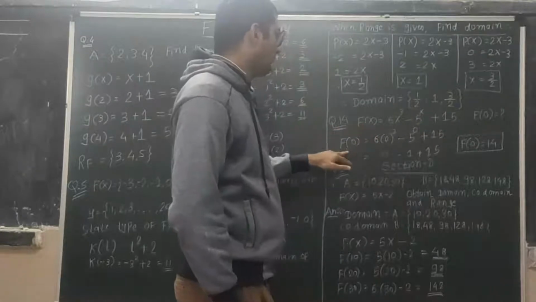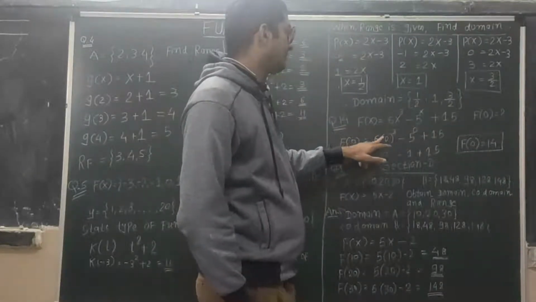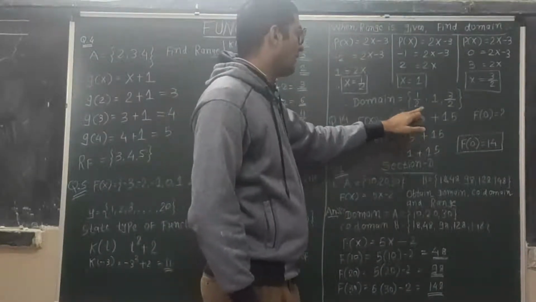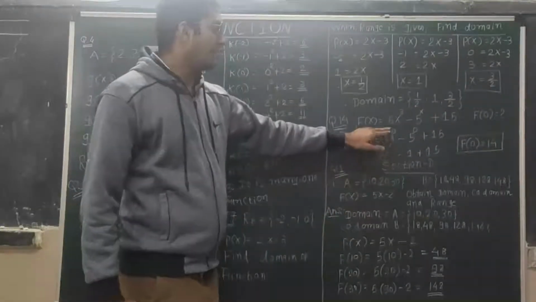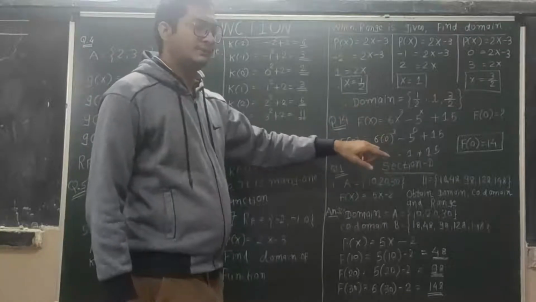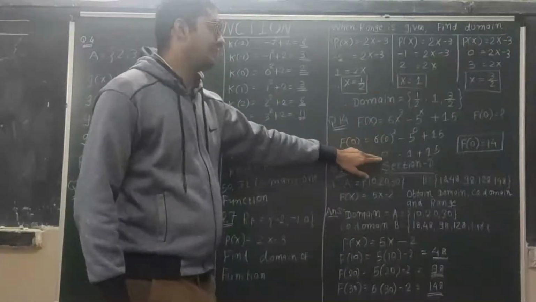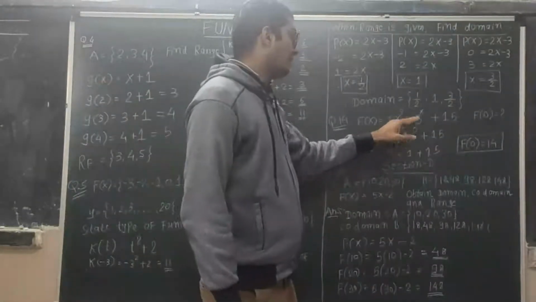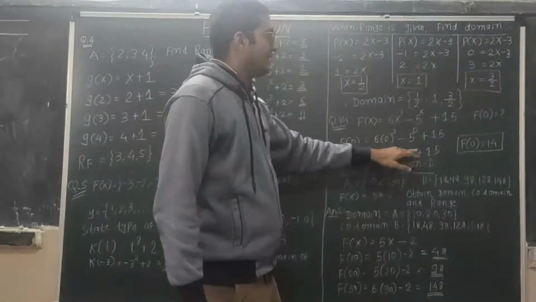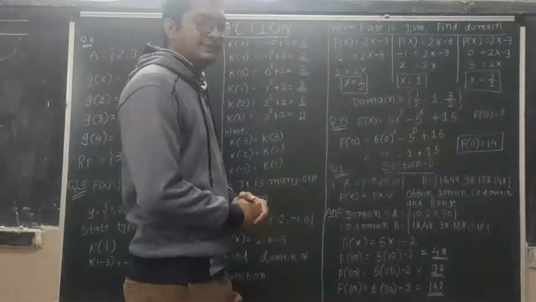So f of 0 is equal to 6 times 0 cubed minus 5 raised to 0 plus 15. Any cube value of 0 becomes 0, and 0 multiplied by 6 is 0. Then 5 raised to 0, the answer is 1, and at last plus 15 as it is.